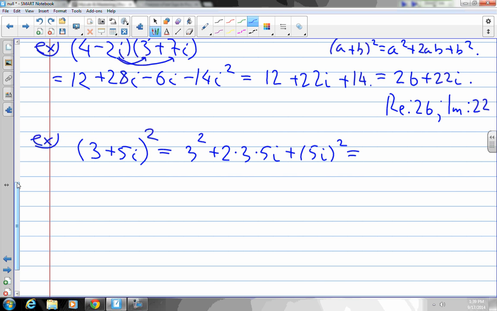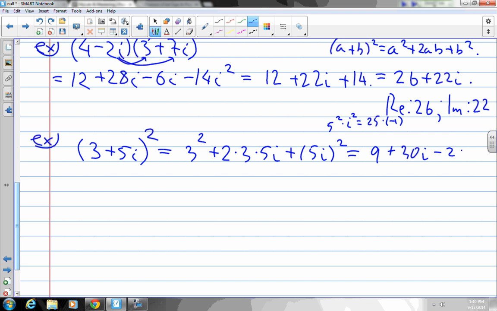Now simplify. 3 squared is 9 plus 2 times 3 times 5 is 30, so 30i. And then 5i squared. What's going to happen there? Well, 5 gets squared as well, right? So it's 5 squared times i squared, which is 25 times negative 1.